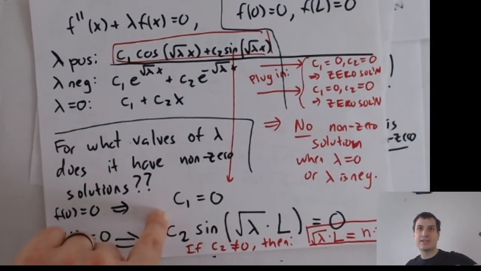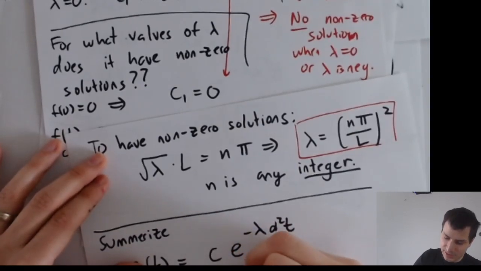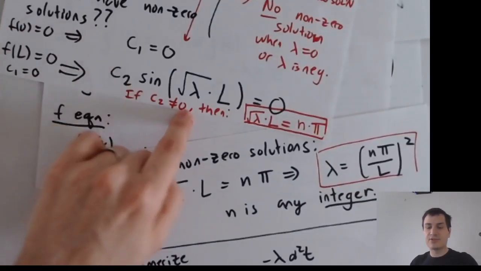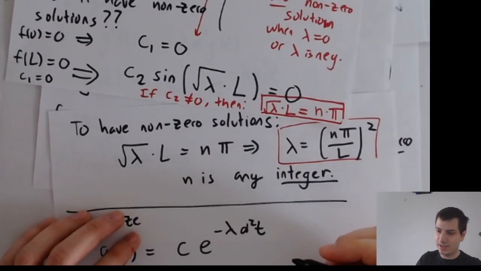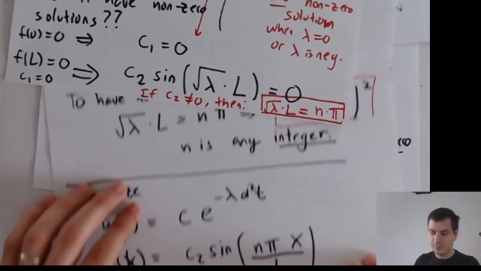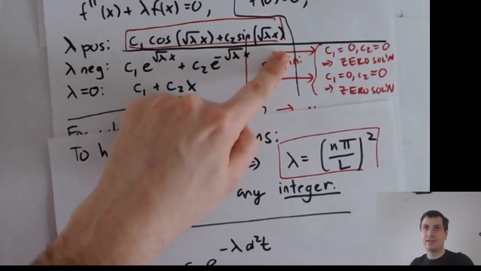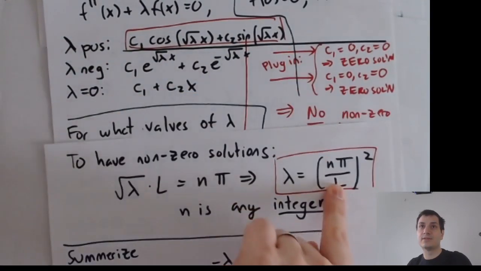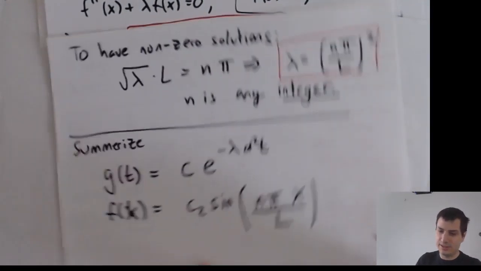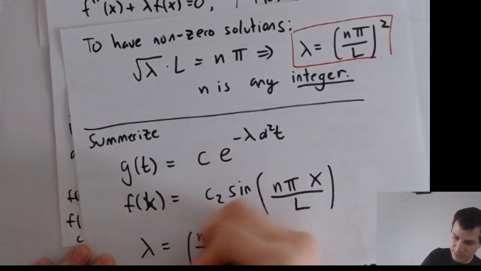There is no cosine because C1 was 0. So f of x was equal to C2 times the sine of square root of lambda times x, but we know what that is. That's n pi x over L. So I just took the formula for f and I plugged in what lambda is. And lambda is equal to n pi over L squared.